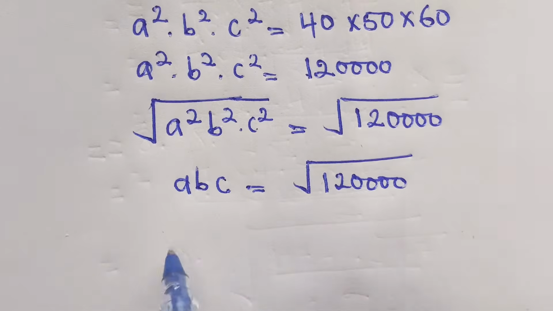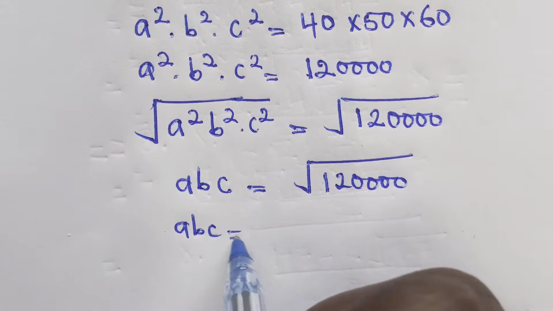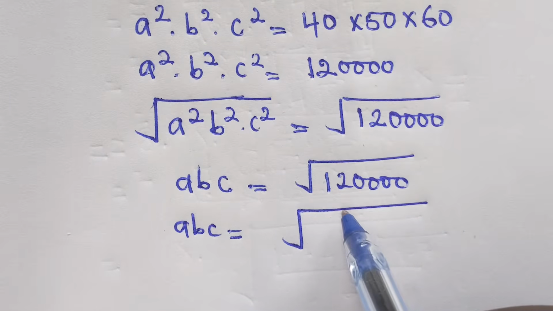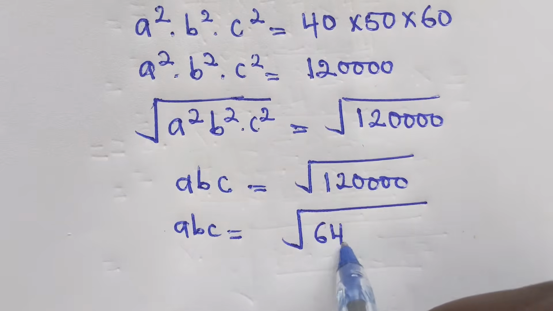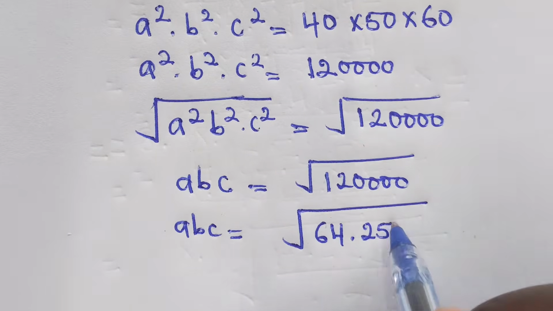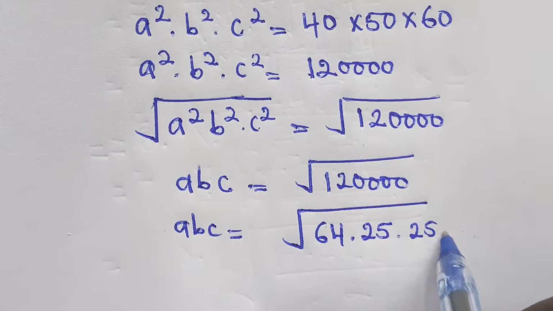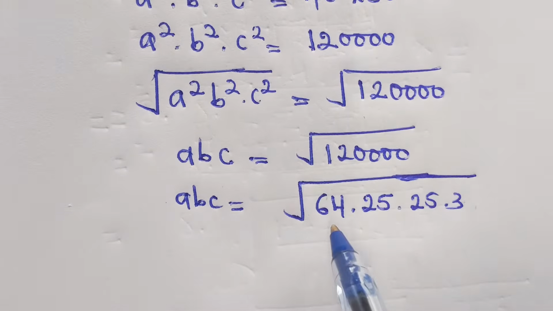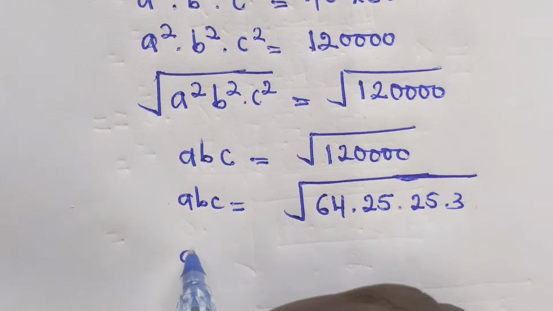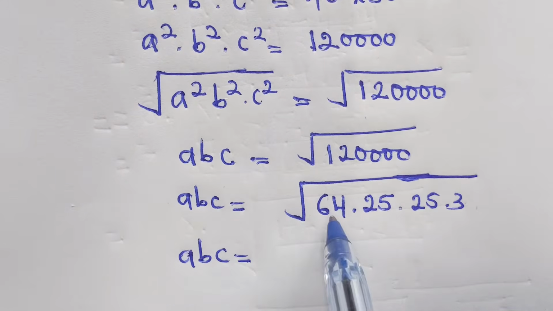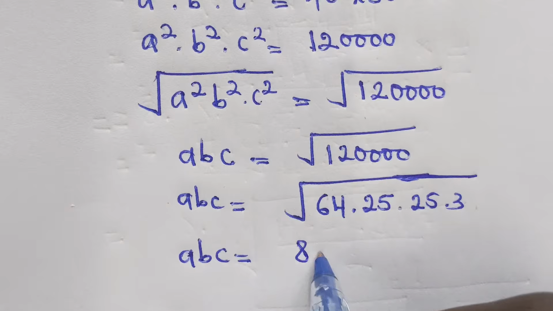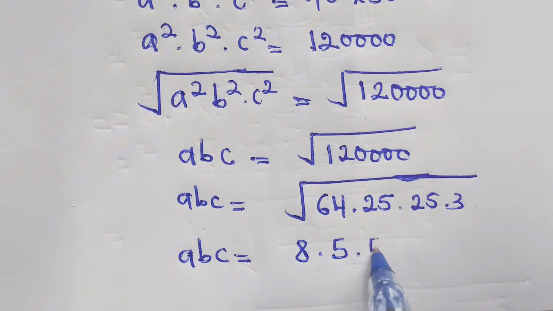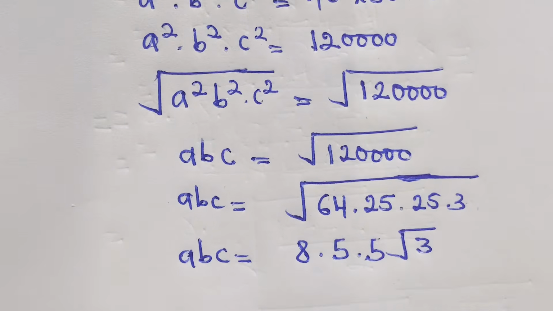Then we're going to use prime factorization of this number. We can use it on the side, but I know what to do, because 120,000 can be written as 64 times 25 times 25 times 3. So ABC equals the square root of 64, which is 8, times the square root of 25, which is 5, times the square root of 25, which is 5, times the square root of 3.